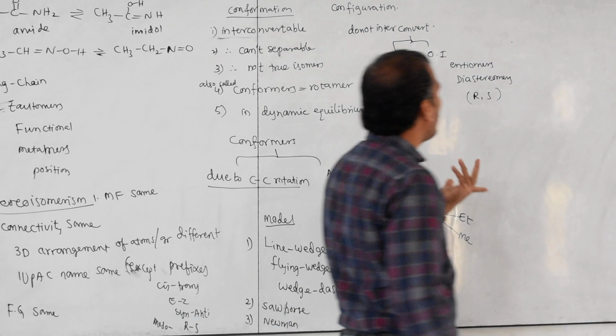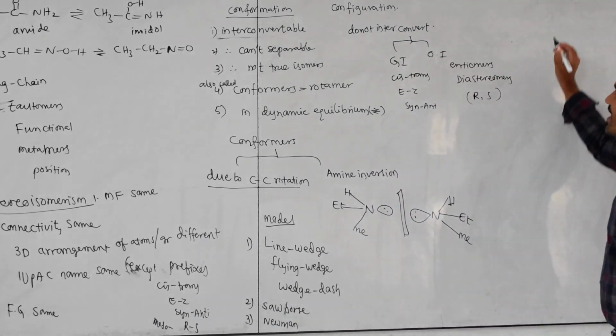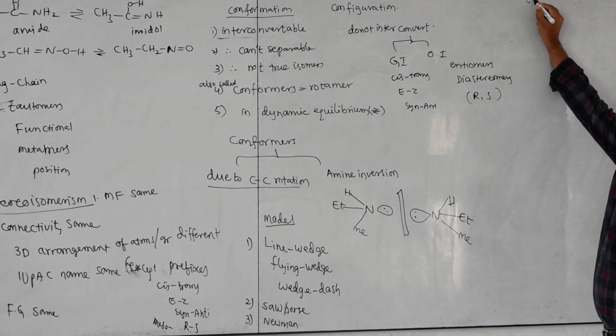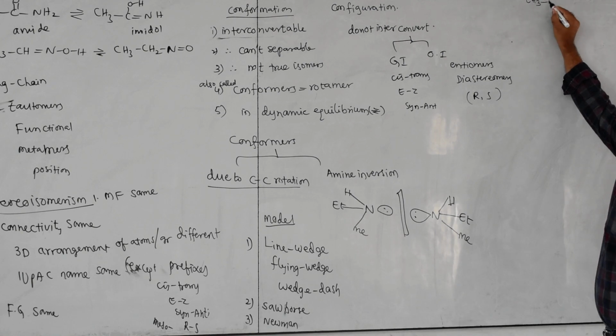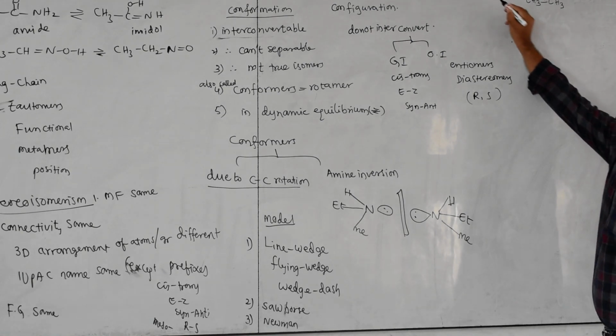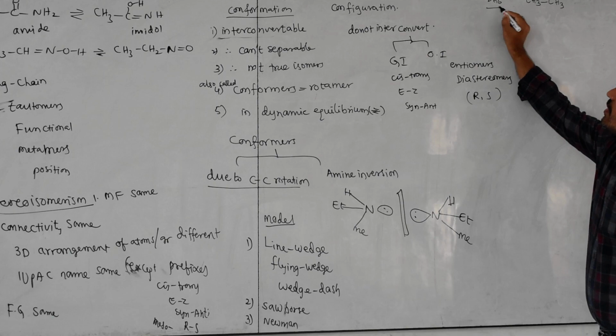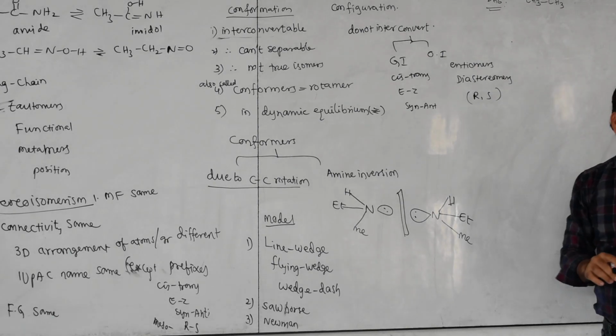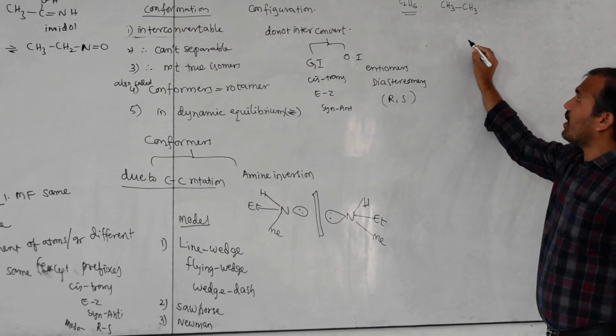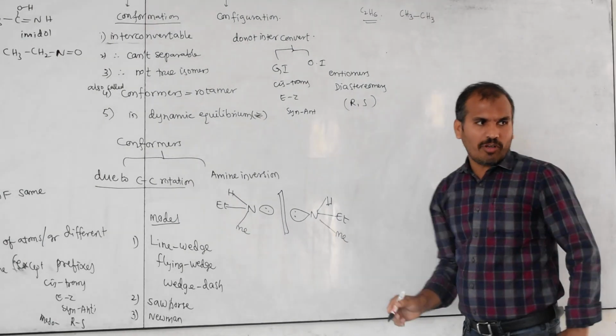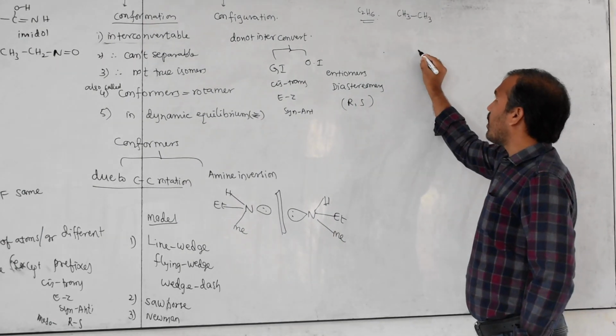See, the first example I am taking here is ethane. Ethane's molecular formula is C2H6, and it can be represented like this. First I am writing the line wedge formula. In between the carbons there is one line.